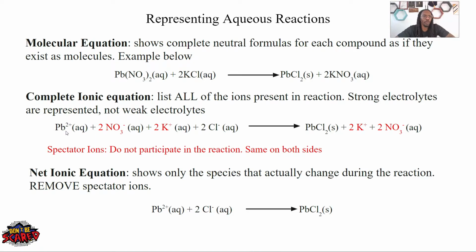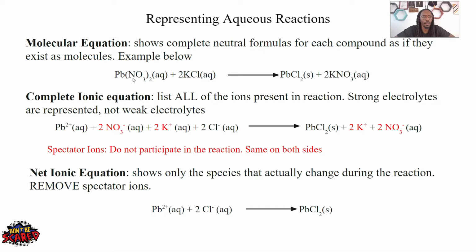You want to make sure you know the charge for these. Now the complete ionic equation is basically going to list all of our ions present in our reaction. We're only going to see strong electrolytes, not weak electrolytes, because weak electrolytes are partially ionized, so we really can't show those ions there.